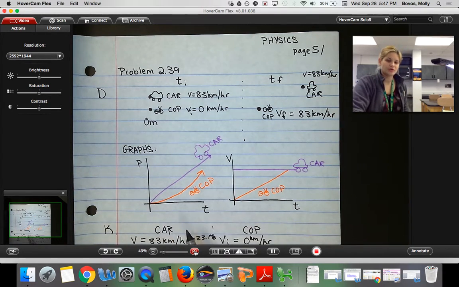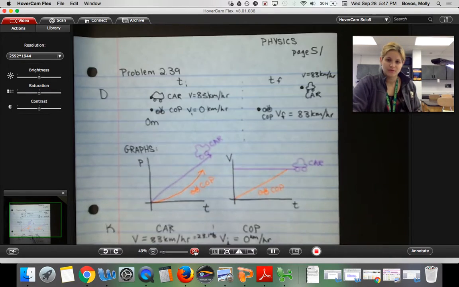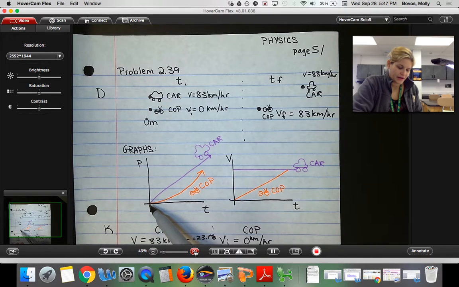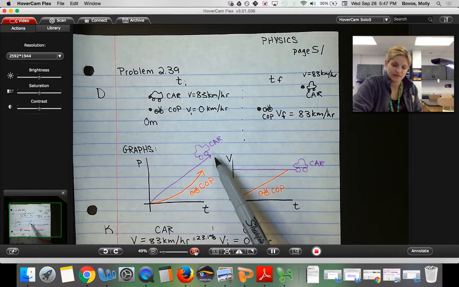Then, to show you on a graph what that looks like, I've got my car that's driving at its constant speed of 83.